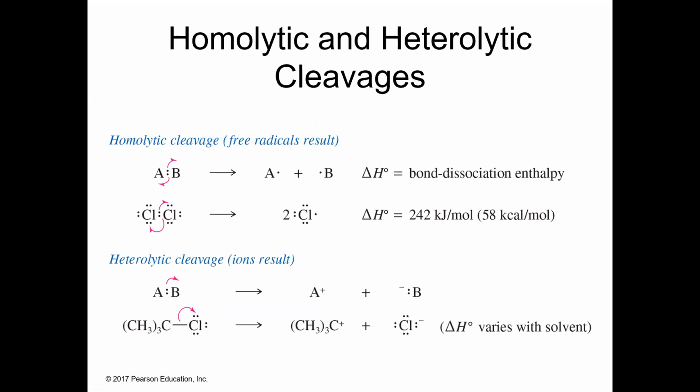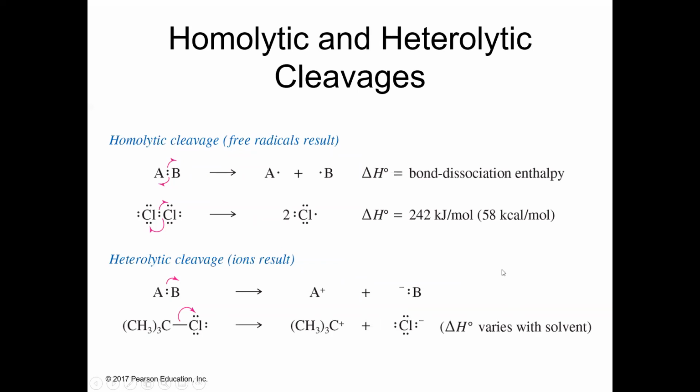Okay, so here are some bond dissociation energies. To break a chlorine-chlorine bond, that is positive 242 kilojoules per mole. To break this particular carbon-chlorine bond heterolytically, that will vary with solvent.